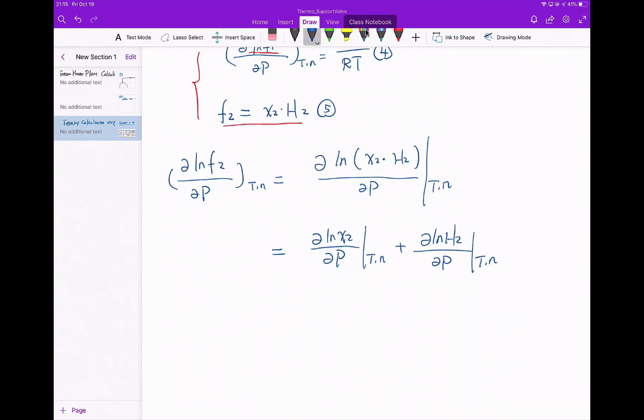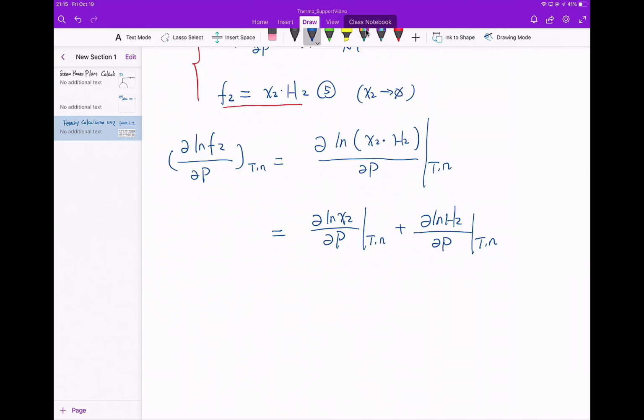What else do we have? For equation 5, that implies that X2 goes to 0. This is how Henry's law is valid at this dilute condition. So if this is the case, we could add this X2 goes to 0 to equation 6.